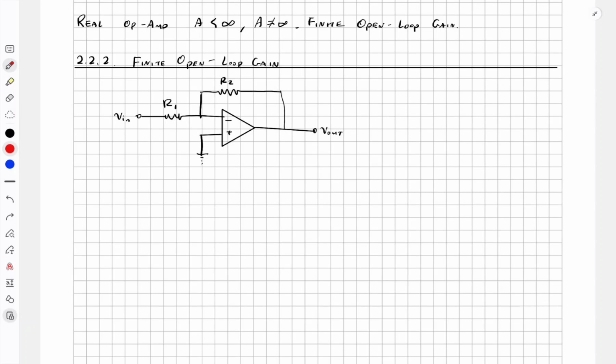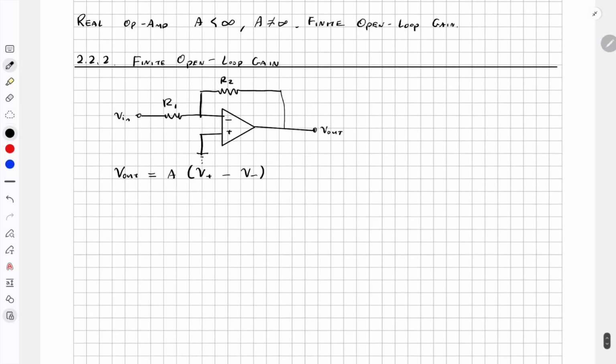Okay, but the same equations for open loop gain still hold. That is, V out is equal to A times (V plus minus V minus). And we can clearly see that V plus is equal to 0 because it's grounded.